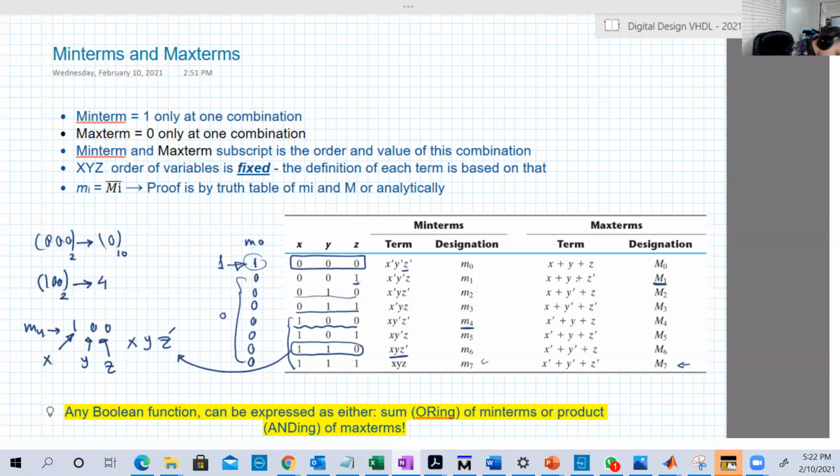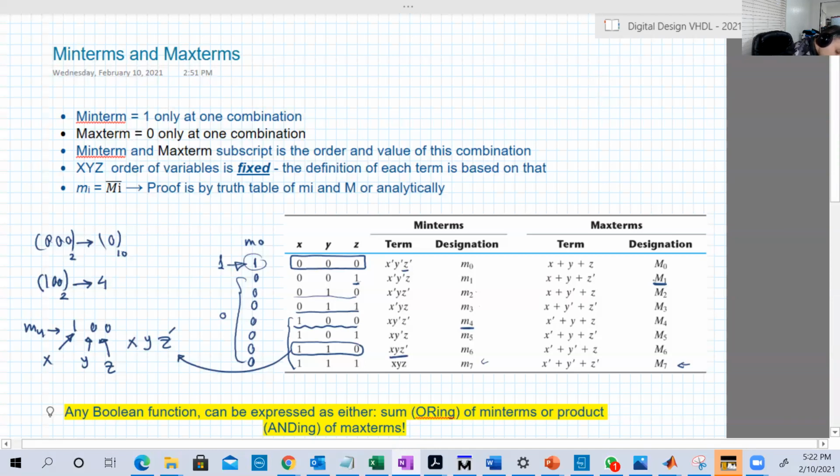So let's start with the first one, 0, 0, 0. When x is 0, y is 0, then 0 or 0 or 1 will give you 1.